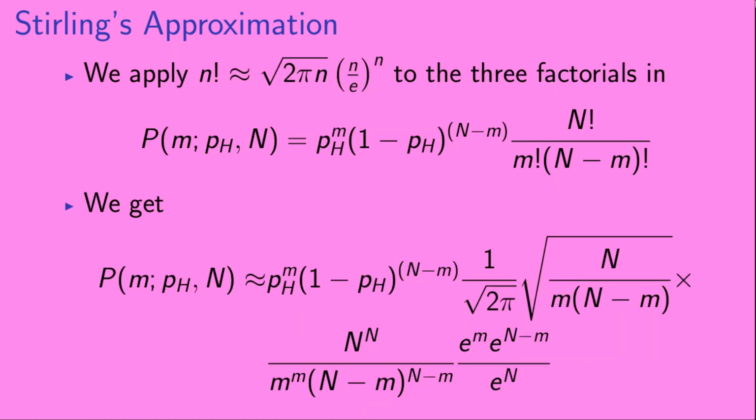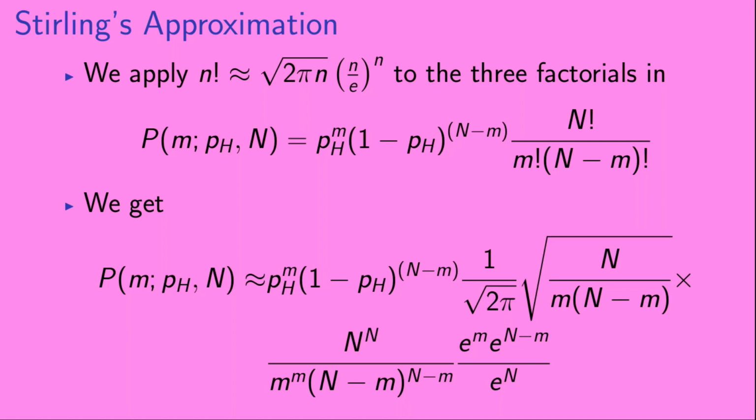And thus we rewrite our expression. Several different things happen in this step. First of all, we have these factors of pH to the m, 1 minus pH to the n minus m. Those factors go through unchanged. Next, Stirling's approximation contains a factor of the square root of 2 pi.